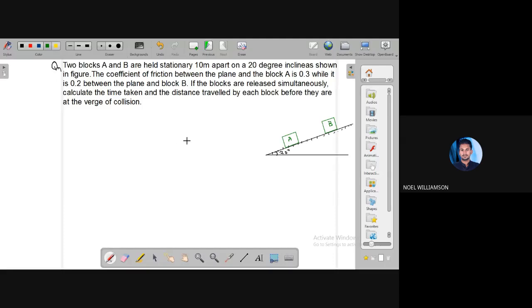The weights are given in the question itself, as the figure is included in the question. Weight of A is given as 250 Newton, and weight of B is given as 500 Newton.